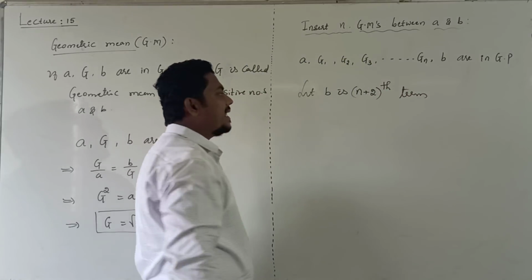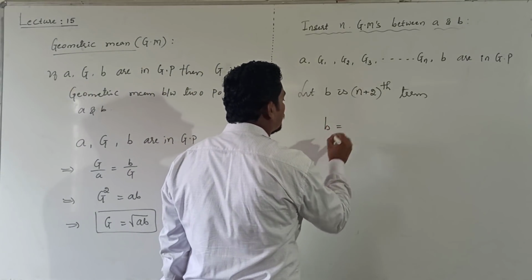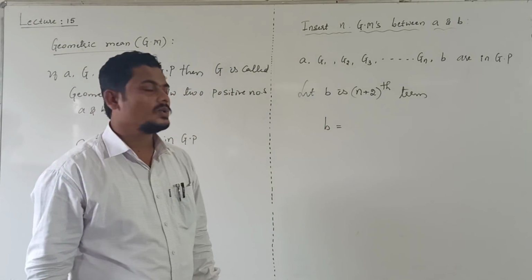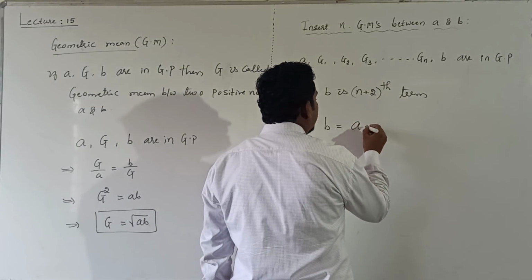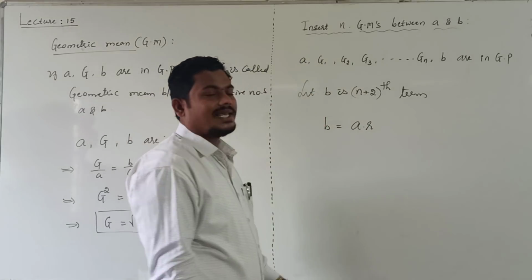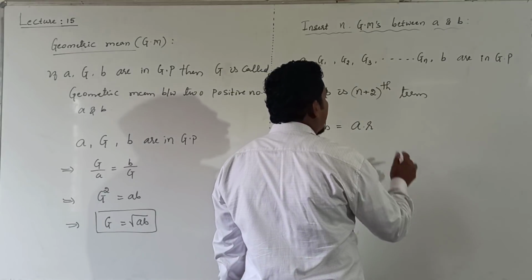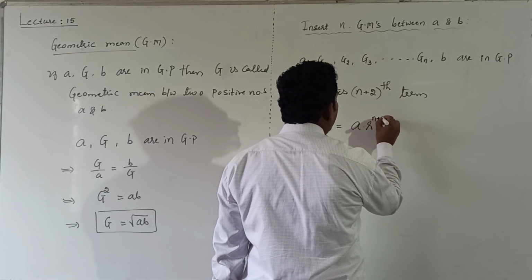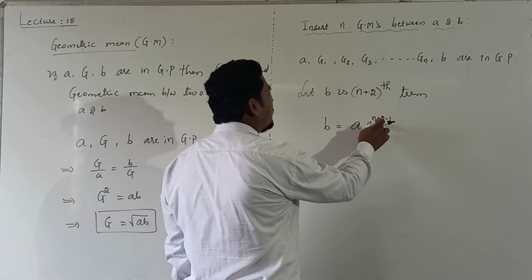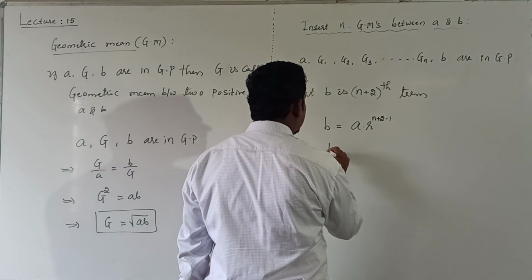Now use the nth term formula. B is equal to the n plus 2th term: A into R power, clearly it is GP, small r is the common ratio, R power n plus 2 minus 1. Instead of n we have n plus 2, as there are n plus 2 terms.